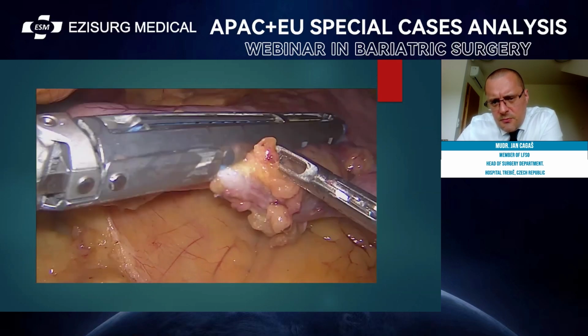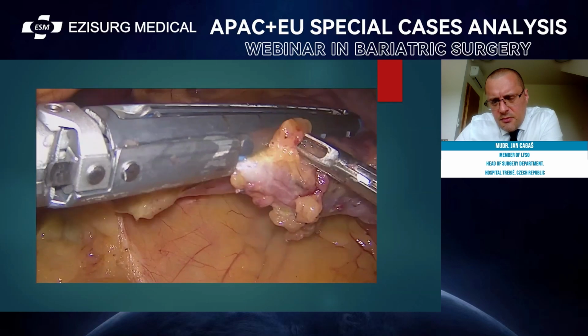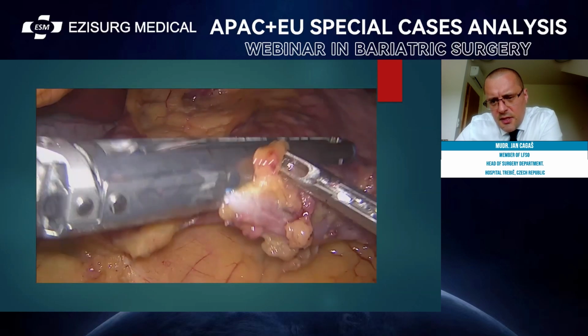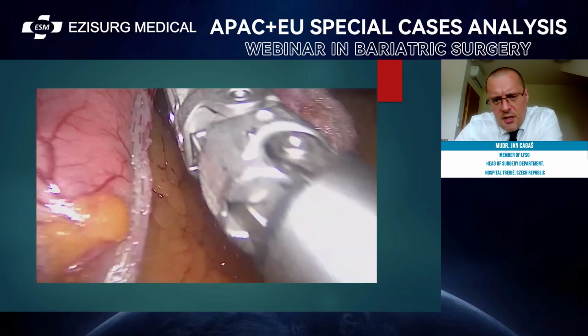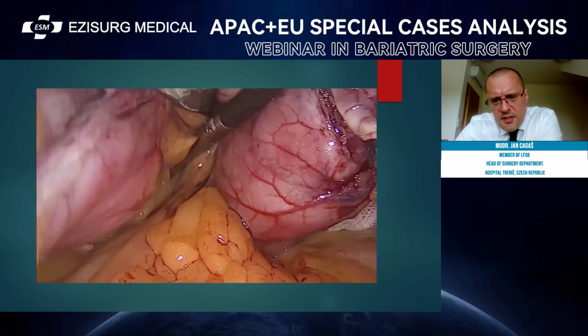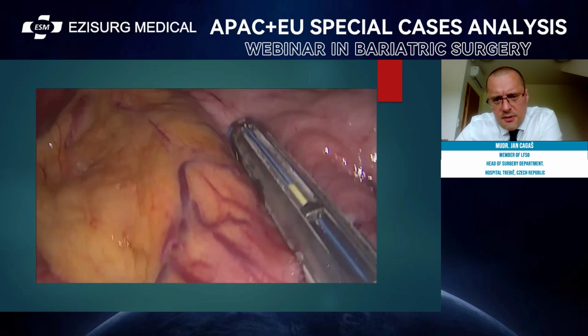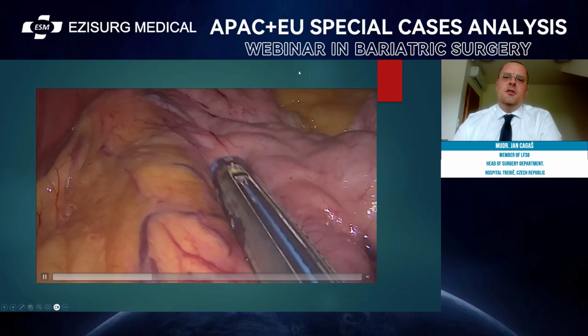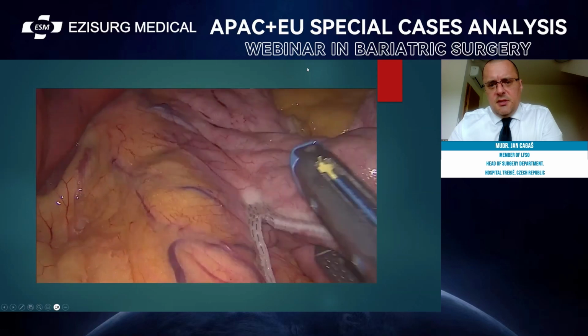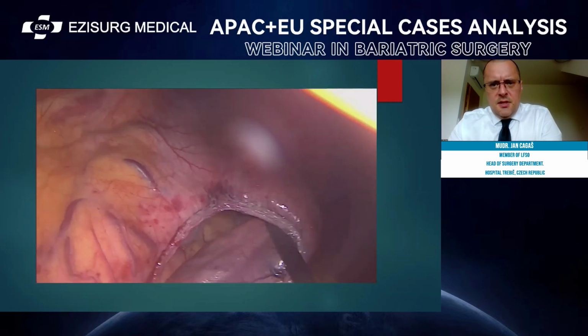So we also always check even the dorsal part that there is no kinking afterwards, and we try to get the staple line very direct, which I think is important to avoid some distension of the sleeve.